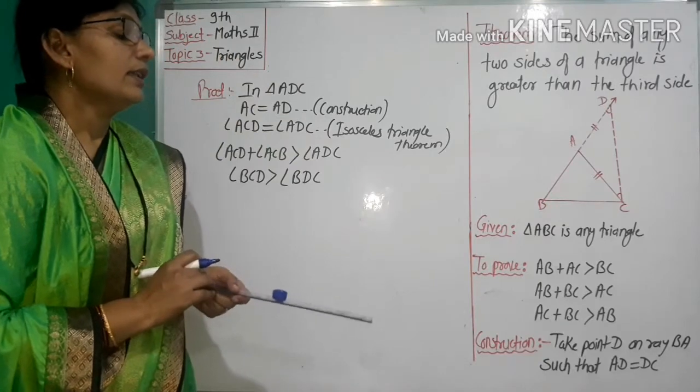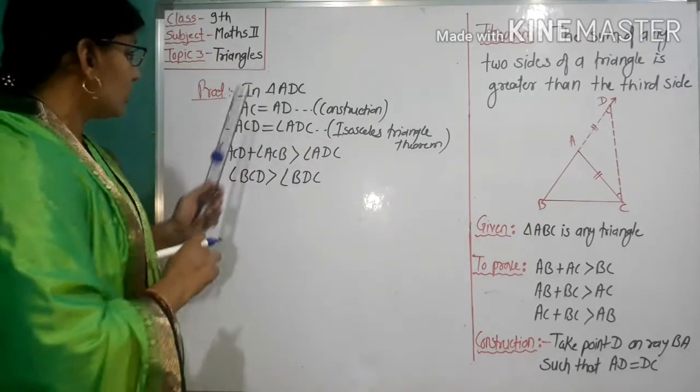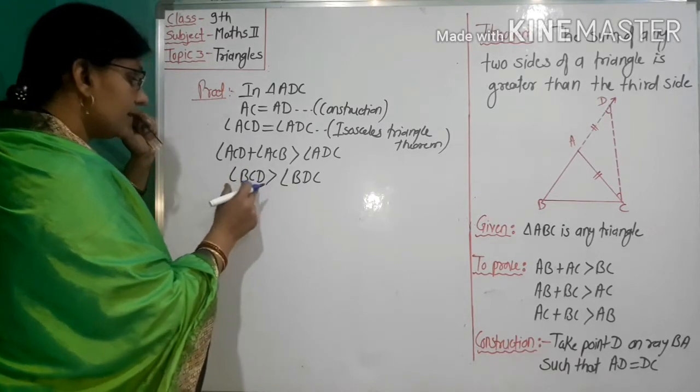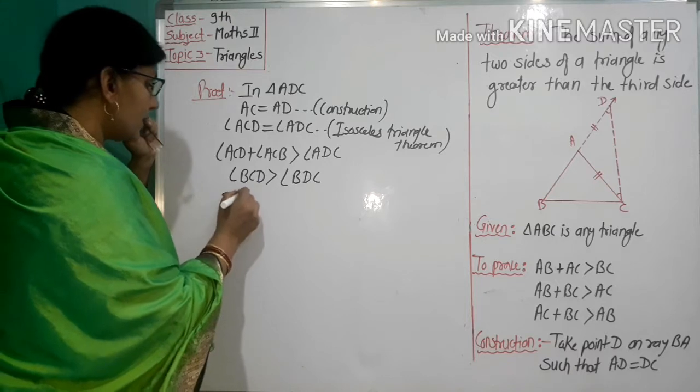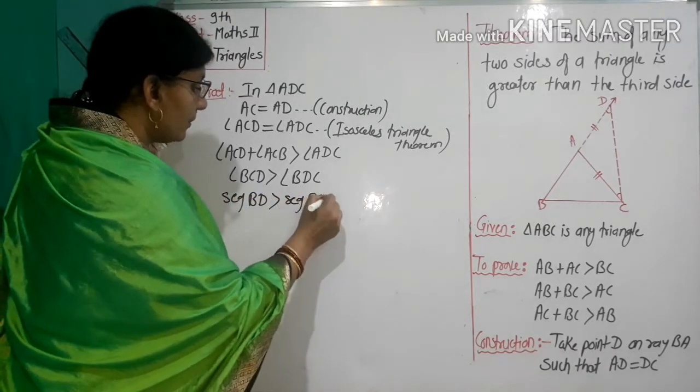Therefore, the side opposite to the greater angle is also greater. So the greater angle is BCD, and its opposite side is segment BD. Therefore, segment BD is greater than segment BC.